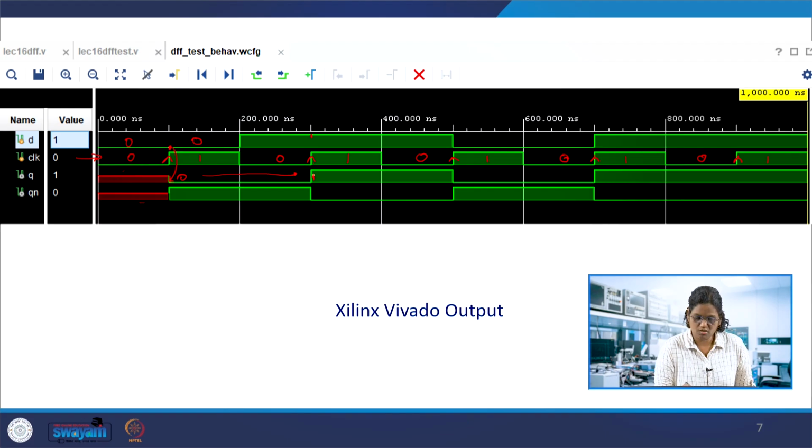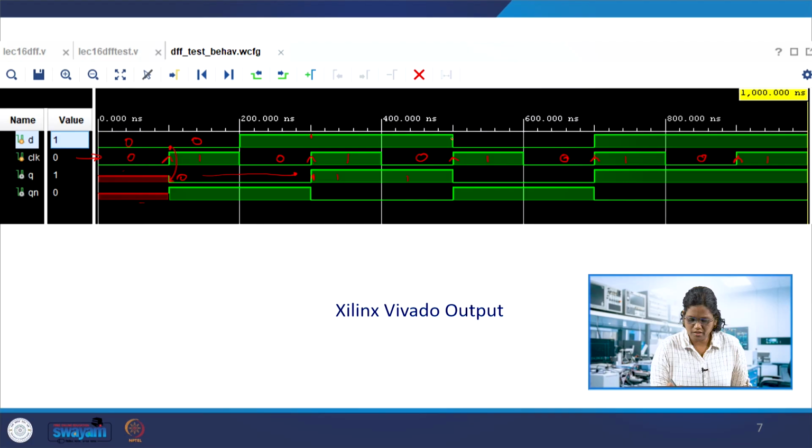We'll look at these delays during the timing analysis. For now we just assume it is immediately transferred to Q. But delays are involved: the propagation delay, the clock-to-Q delay, the D-to-Q delay, and so on. So this is 1, and this 1 is retained in Q, and the data is still 1.